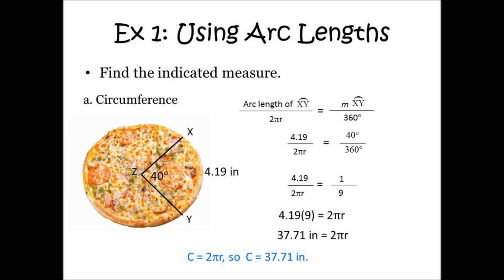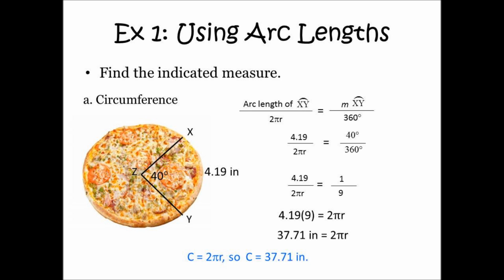Think of this proportion as part over whole is equal to part over whole. 4.19 inches is part of the pizza circumference, so that will go over 2 pi r. And we know that the measure of the central angle is 40 degrees, so the measure of XY has to be 40 degrees too. So you will put 40 degrees over 360 degrees.